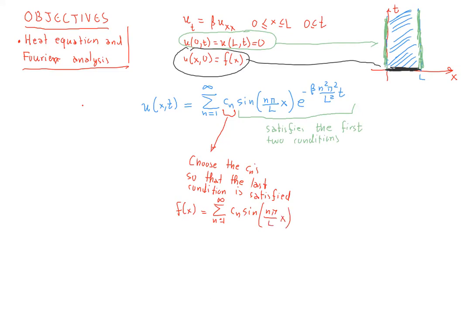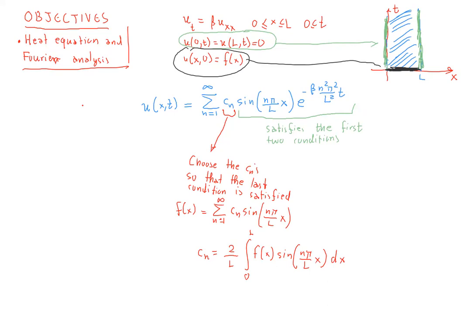And at this point, at least theoretically speaking, because we haven't done a single example, we were able to argue that Cn should be 2 over L times the integral from 0 to L of f of x times sine of n pi over L times x dx.